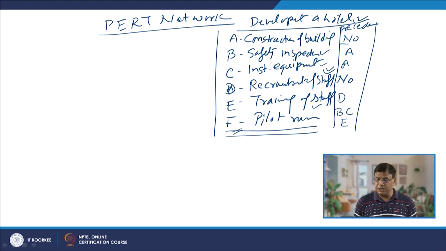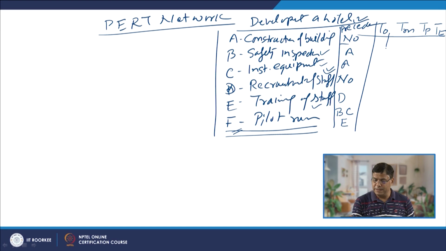Now we mention the time values for performing these activities: the optimistic time TO, the most likely time TM, and the pessimistic time TP, and based on these we determine TE as well.